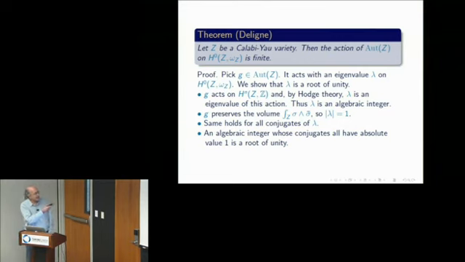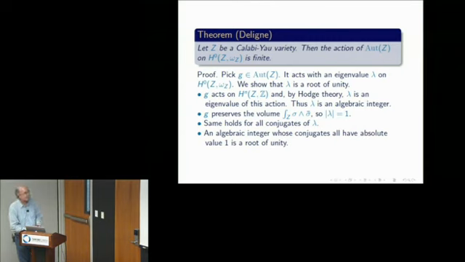Well, first G acts on the middle integral cohomology, and by Hodge theory, H0 of Z, omega Z actually sits there if I just complexify this space. So that means that this lambda will be an eigenvalue of this action on the integral cohomology. Now, this implies that lambda is an algebraic integer.